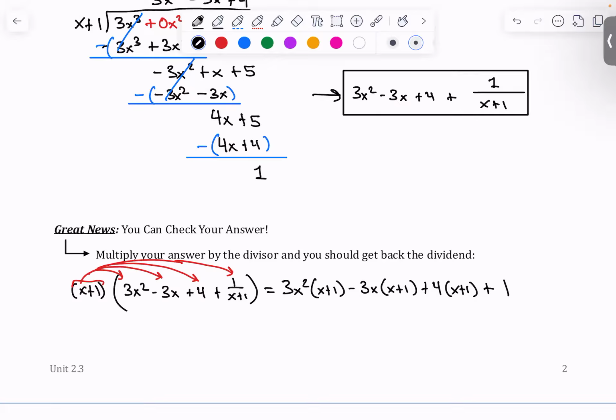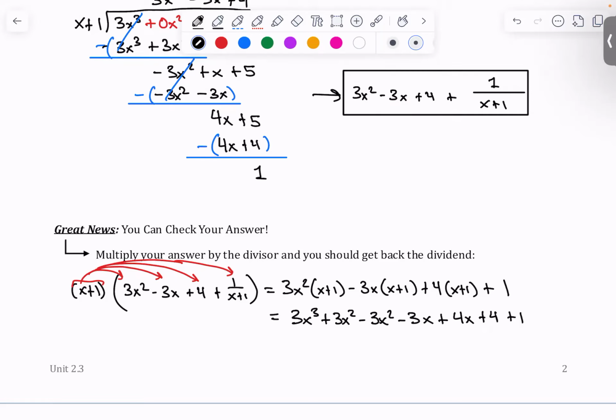Continuing onwards, that'll give me 3x cubed plus 3x squared minus 3x squared minus 3x plus 4x plus 4 plus 1 when I take care of all the distributions. So when I distribute the 3x squared into the x plus 1, that's where I get the 3x cubed plus 3x squared.